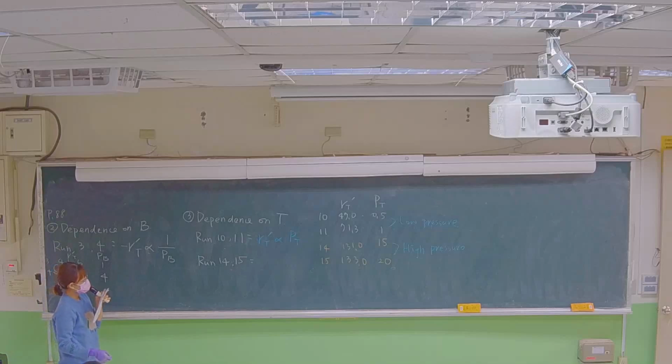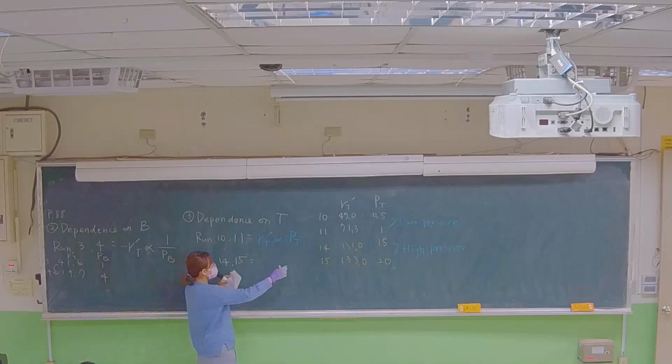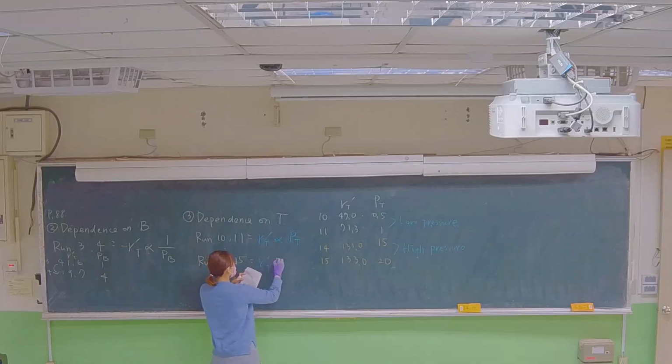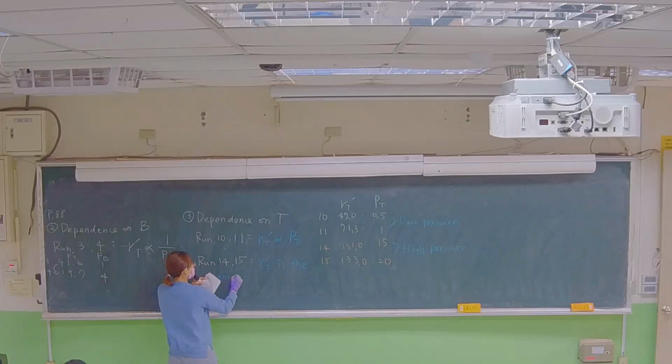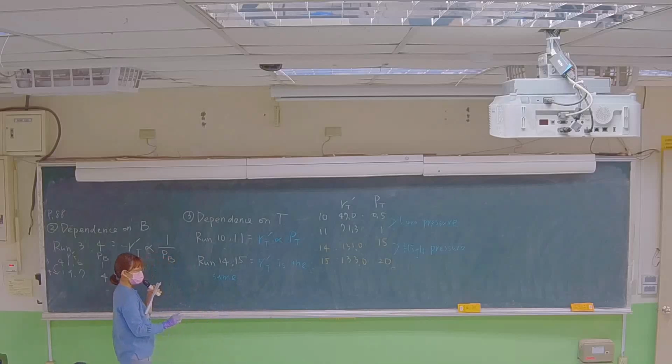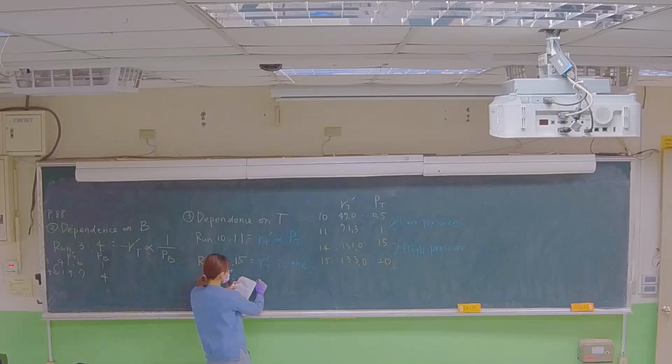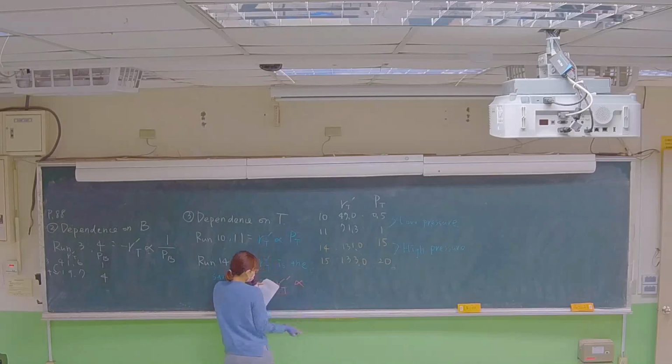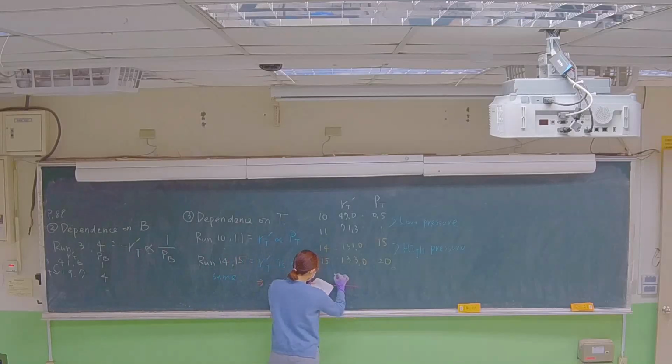But for these two states, you will see it is the same. They are the same, okay? It's the same. Do you know the conclusion? The conclusion is that minus r_T is proportional to PT.